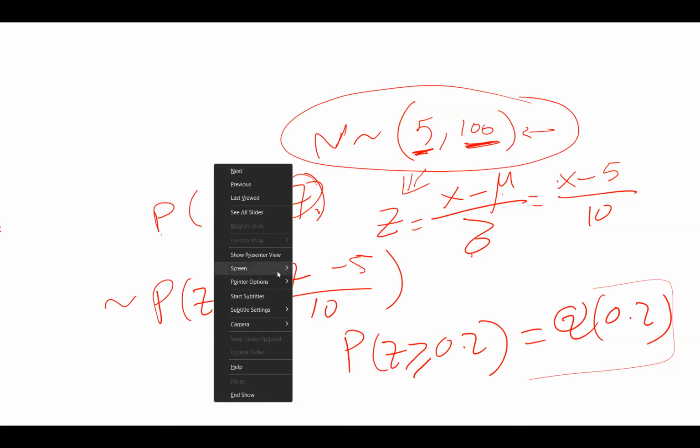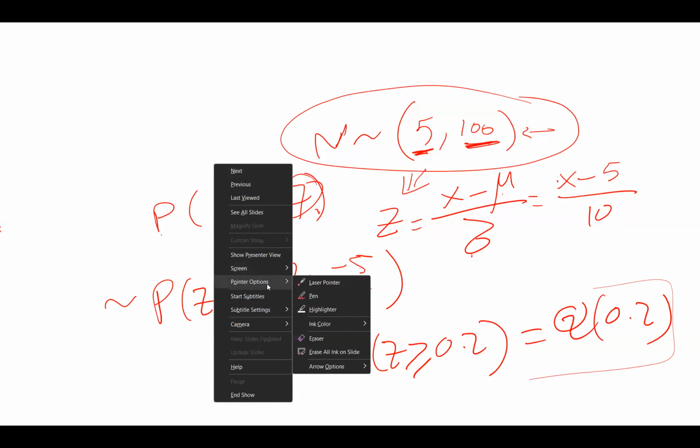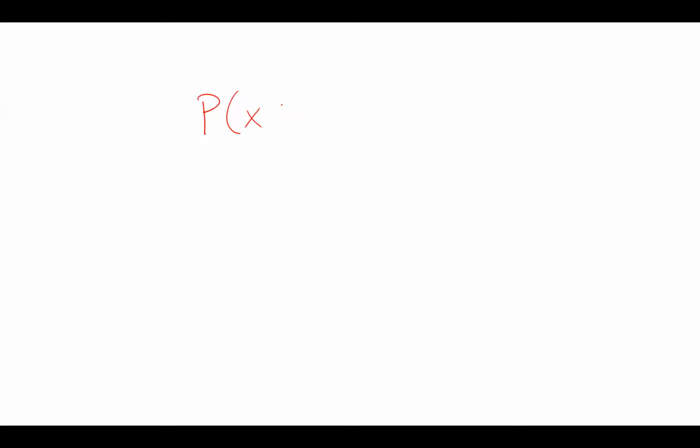I will finalize with another example now. What is the probability that x is, let's say, less than or equal to 2, and you have the normal distribution with mean equal to 1 and variance equal to, let's say, 16.